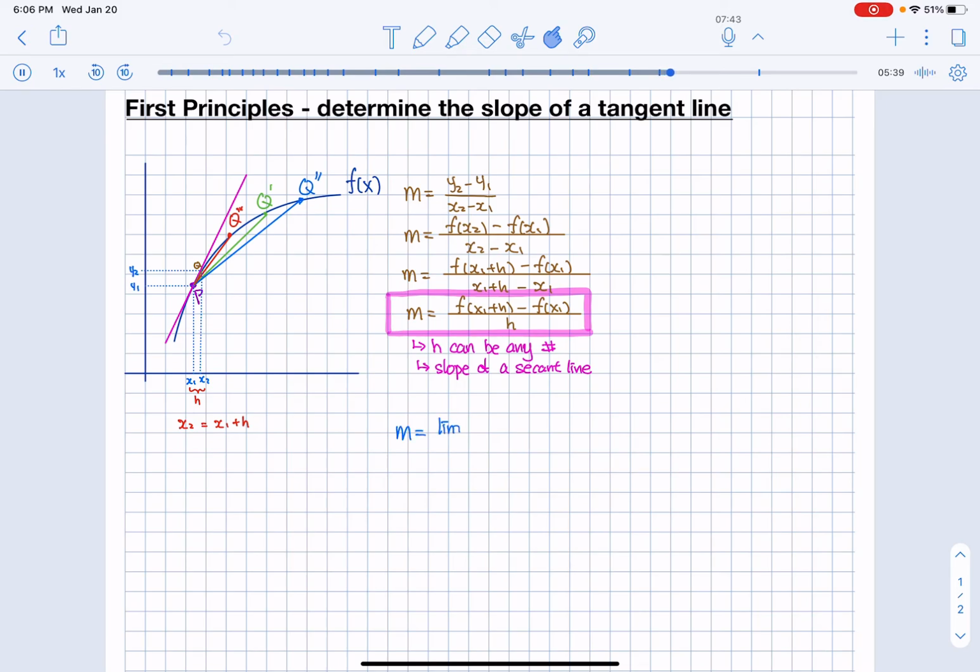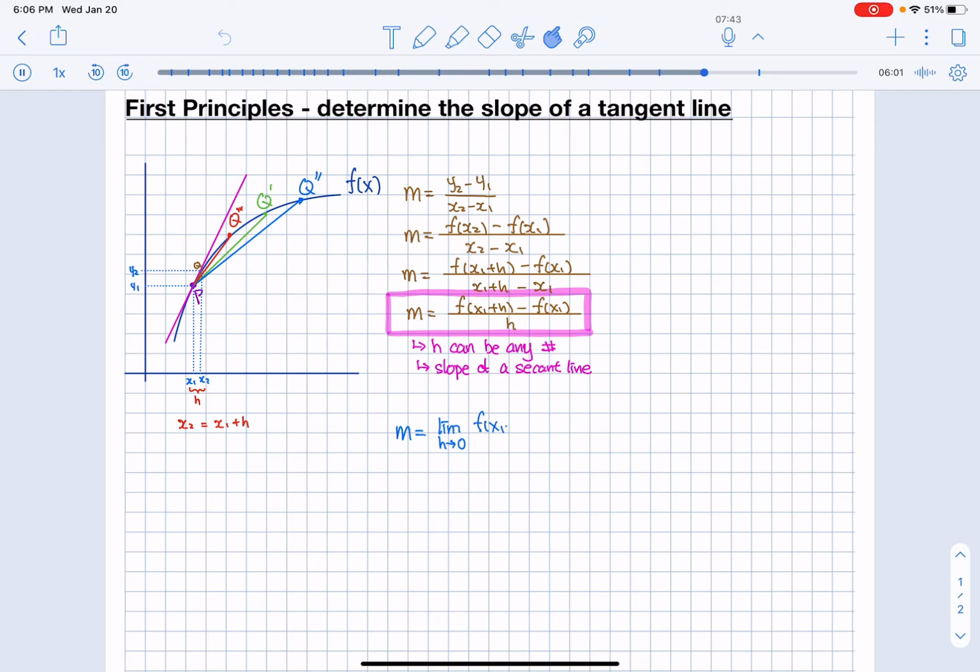That means we put a restriction on what the value h can be. So h is approaching 0. That means h is an extremely small number, so the difference between the x values is very small. That means we're finding the slope of a tangent at point P.